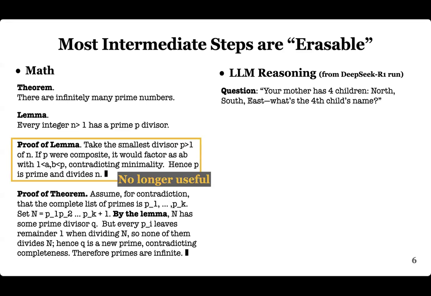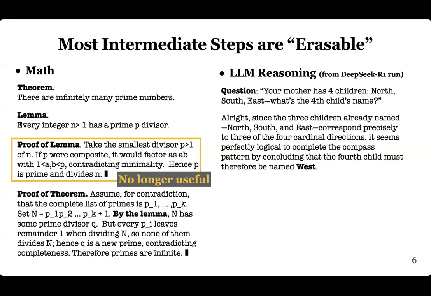Another example is that it's generally true for other problems, like for LLM reasoning. Consider a question from DeepSeek R1's run. The question is: your mother had four children, North, South, East. What's the fourth child's name? Initially, the model might explore different ideas, and it might answer that the first child's name is West.